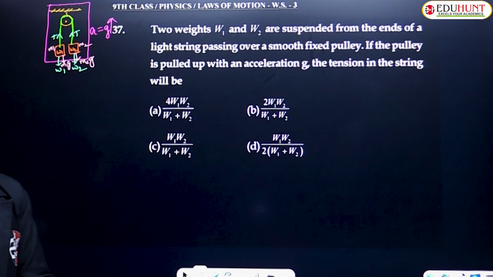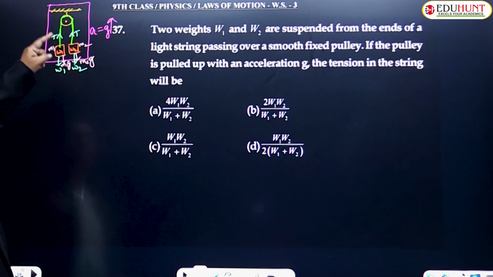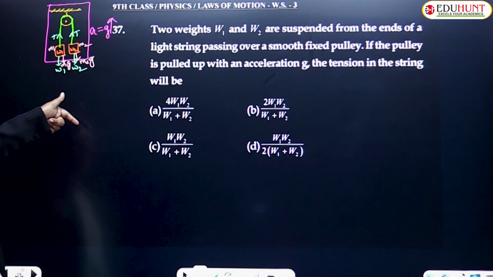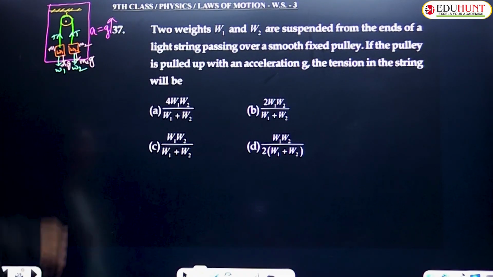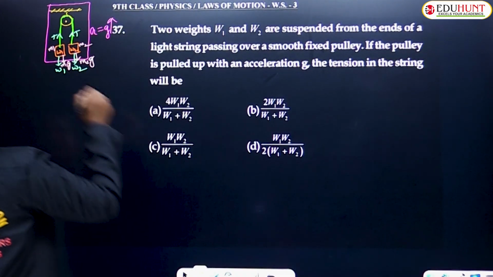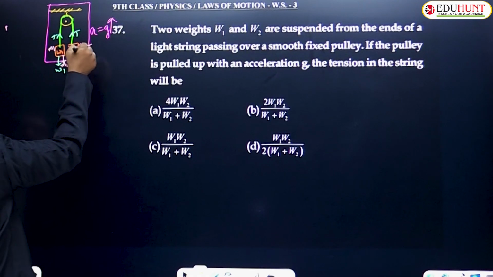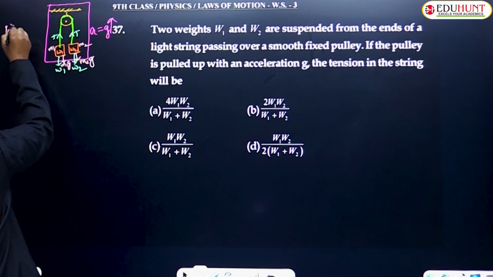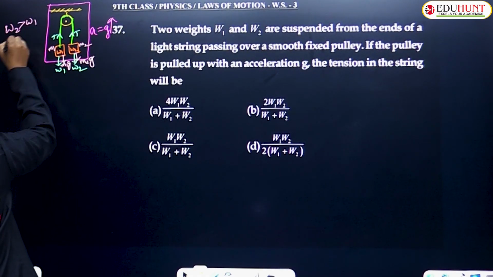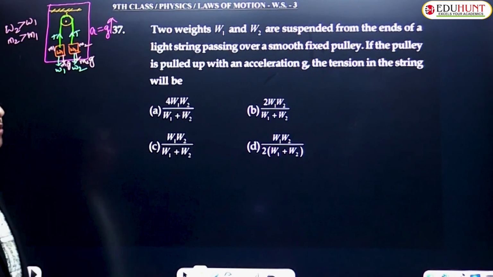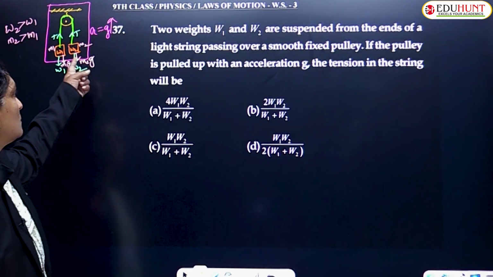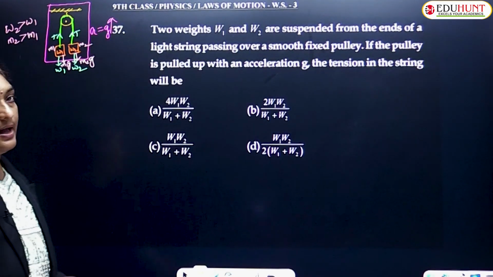As mass is m2, its weight acts downwards, m2g, and for mass m1, its weight acts downwards as m1g. Let us assume that mass m2 is greater than m1, or W2 is greater than W1. To write the proper equation, let us assume this mass is greater than the above mass.